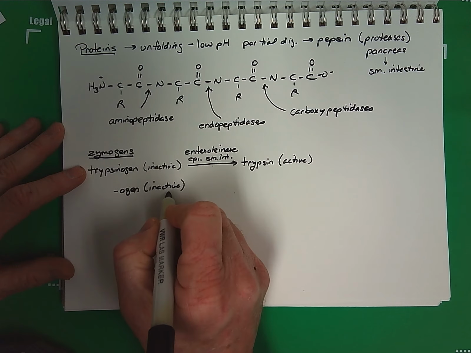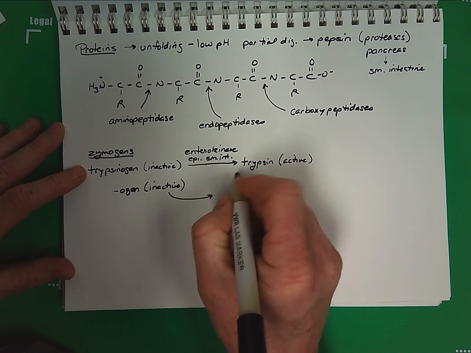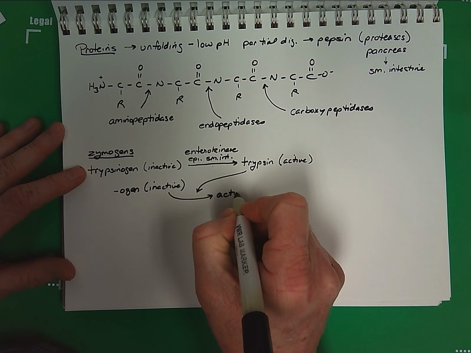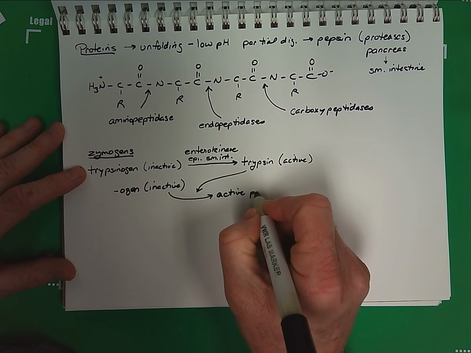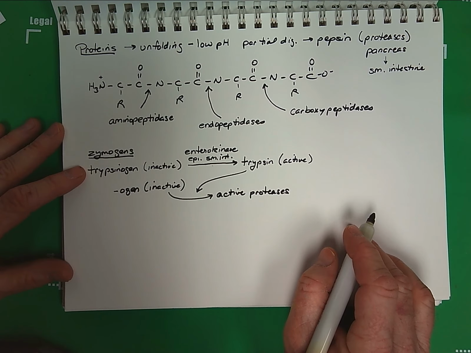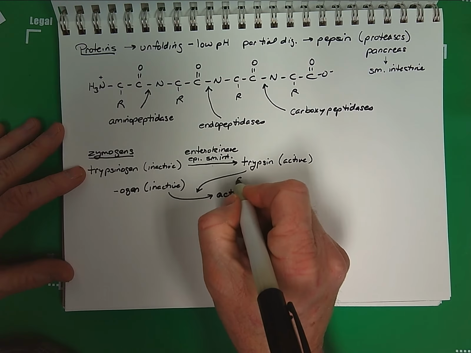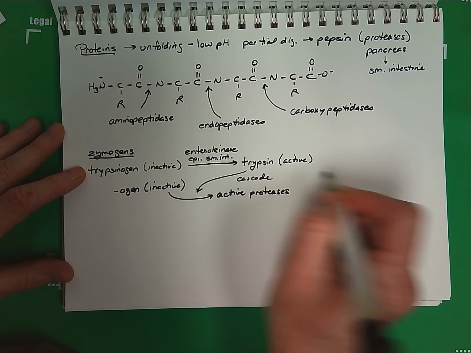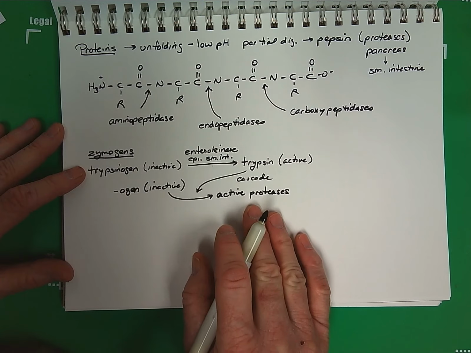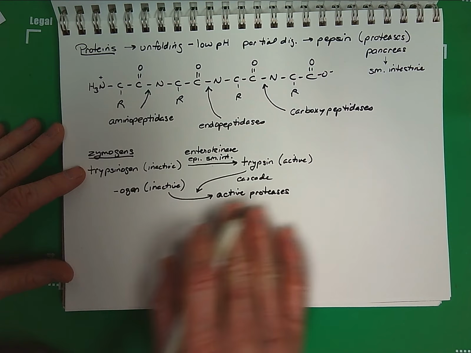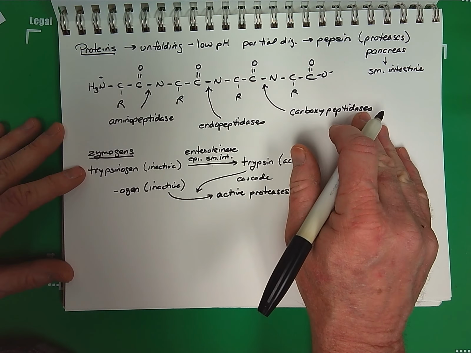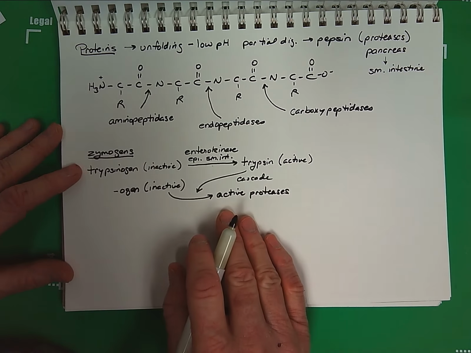The trypsin now can mediate the activation of all the other proteases that are in the environment. So it's a cascade. Once all of these proteases have been activated, now we have the full complement of aminopeptidases, endo and carboxypeptidases, to work on the proteins in our diet.